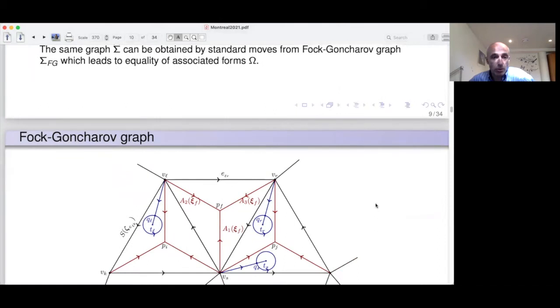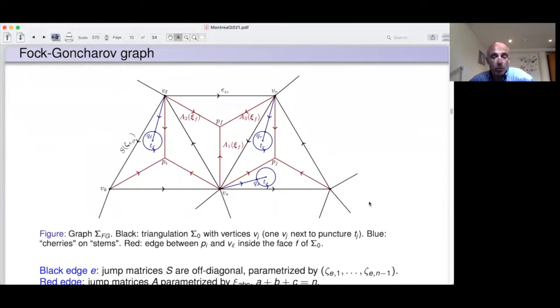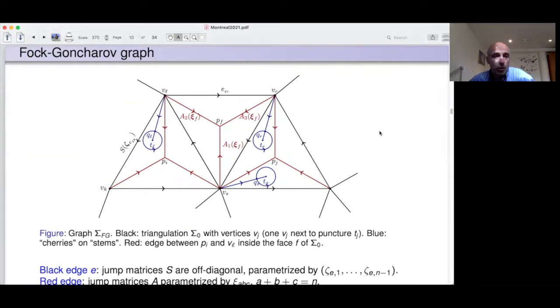Now, the Fock-Goncharov graph. This is probably not known to everybody here, so I'm going to discuss a little bit the nature of Fock-Goncharov variables. One looks at a triangulation of the Riemann surface. These black edges form the triangulation. Then inside of each triangle, we pick the central point. Everything is topological, so who cares where it is? And add those red edges.